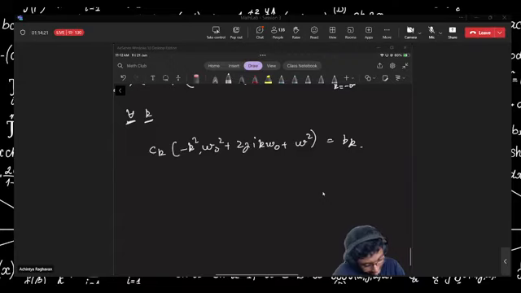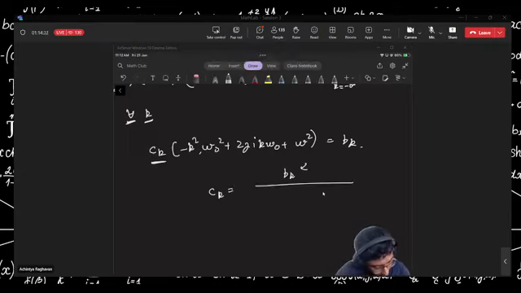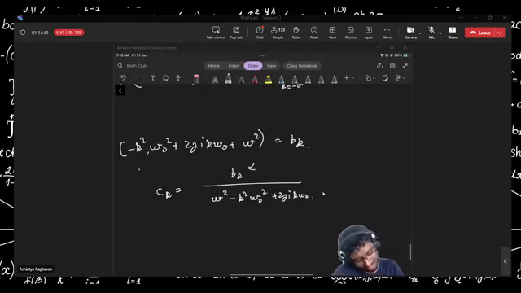And remember what we wanted to find. We wanted to find ck because ck is part of the solution. So ck is equal to bk, where bk is a given quantity, divided by omega square minus k square omega naught square plus 2 gamma i k omega naught. And yes, this is our final solution.